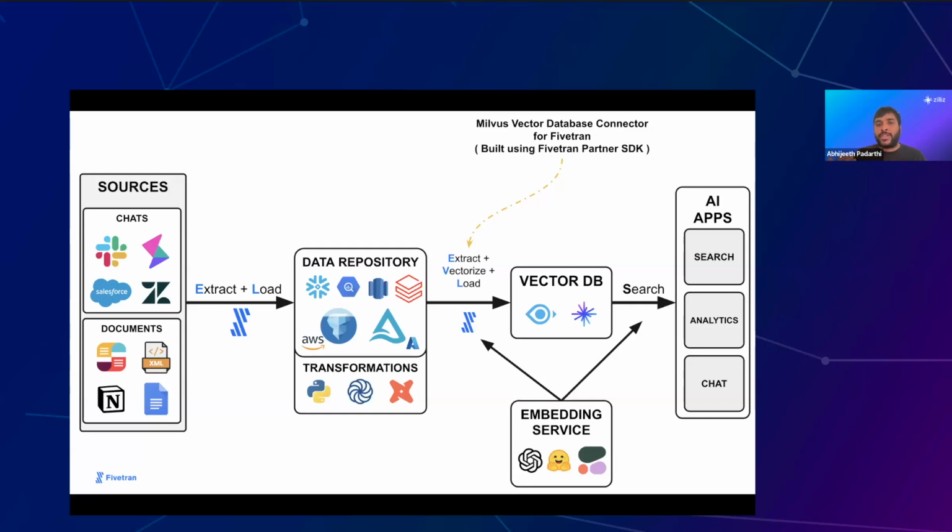And all you have to do to set this pipeline up is just a few clicks. You go to the Fivetran dashboard, you click two or three buttons, and that's it. You now have a pipeline that's going to be extracting your data and then keeping your vector database in sync with your source application. So yeah, that's all you need to build a semantic search application end to end.